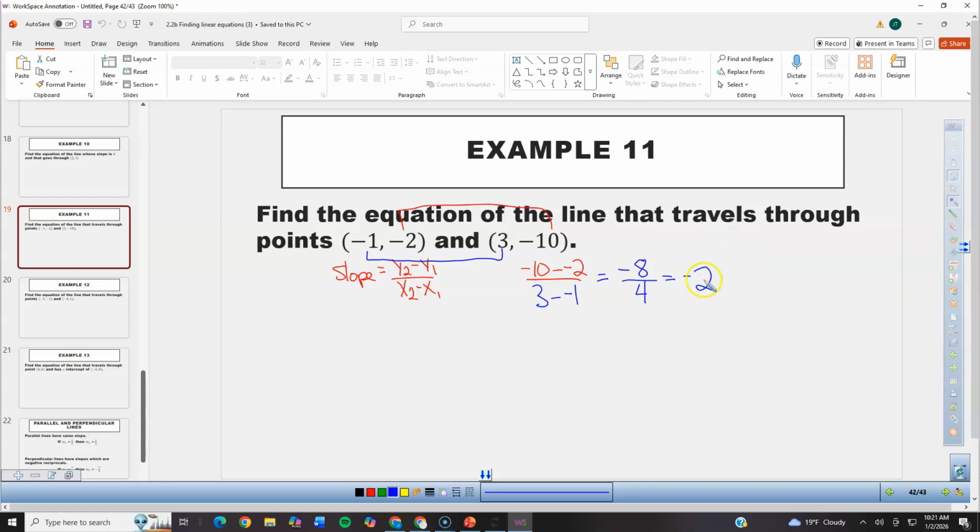So now I have a slope. So I'm going to do y equals negative 2x plus b. Now, which point should I plug into that equation to find b? Doesn't matter. I'll get the same answer either way. Okay, so I could plug in this one. So I'll plug in my x, plug in my y.